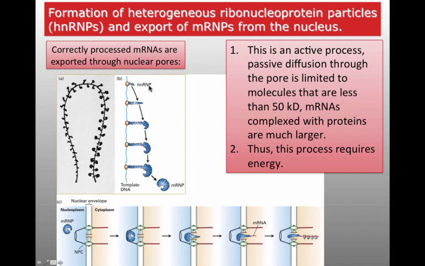These are the so-called heterogeneous nuclear RNPs, heterogeneous nuclear ribonucleoprotein complexes, and that's what needs to be transported out through this nuclear pore complex.